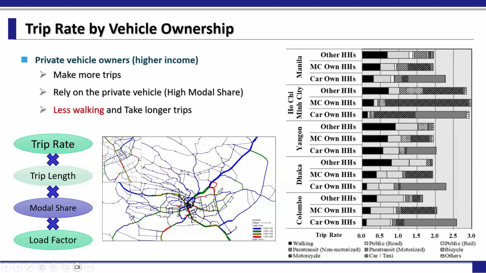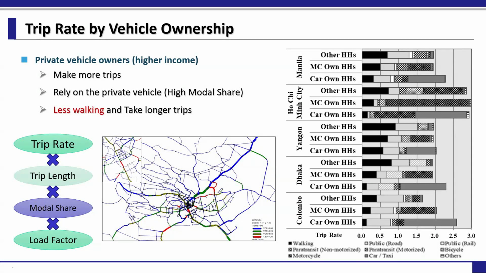And this figure is from my research reviewing the person trip survey in other Asian mega cities. You can see the trip ratio is gradually higher for private car owners than other owners.